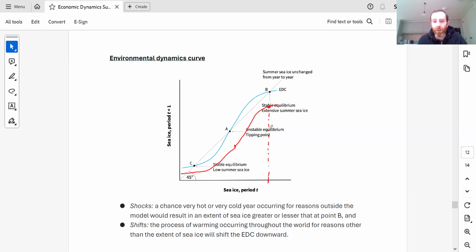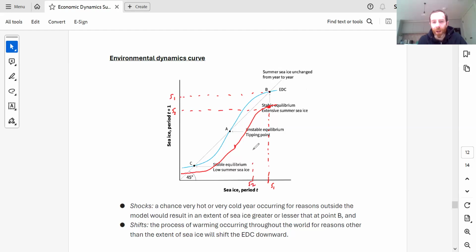Well, what's the impact going to be? Here we start at S1, and then based on this new environmental dynamics curve, where are we going to be the next year? We're going to be at S2. Now, how does S2 compare to S1? Well, we can see that it is lower. And so we fast forward a year and we're here at S2.